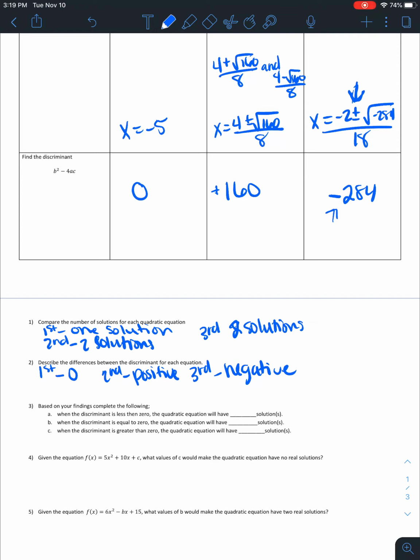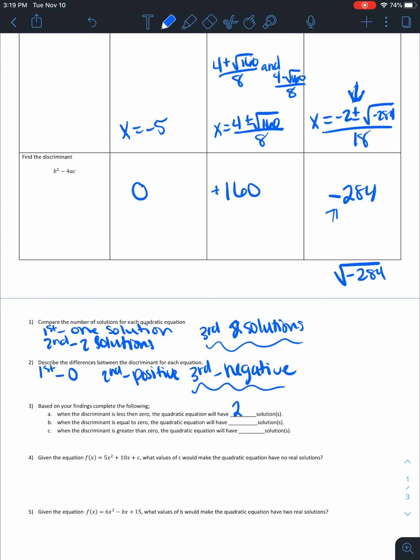Well, if a discriminant is less than 0, which means it's negative, then the quadratic will have how many solutions? 2. We had 2. But more specifically, we ended up with this square root of -284. And I kind of want to take a second to talk about this.